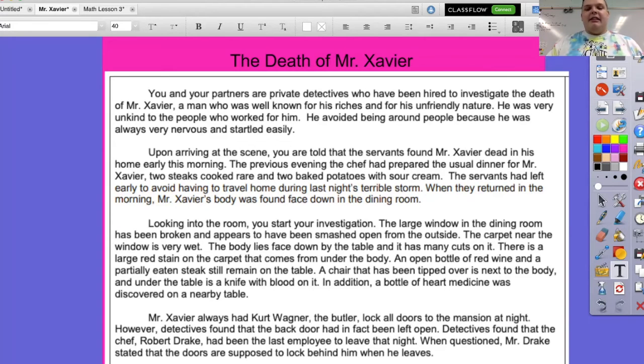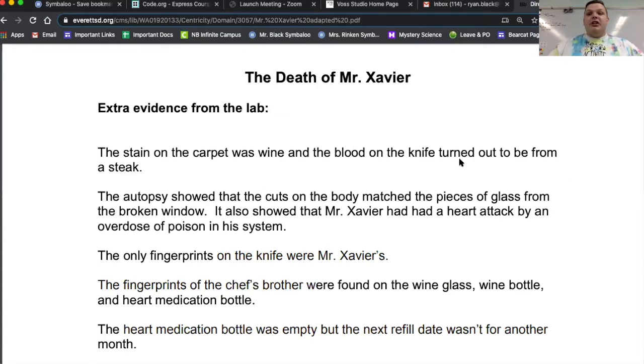After you have made a guess, a good guess, then you are going to go on, and I'm going to give you a few more pieces of evidence. So here is your other piece of evidence. They took his body to the coroner's office and found some things on it. So the stain on the carpet ended up being red wine, and the blood on the knife turned out to be from the steak.